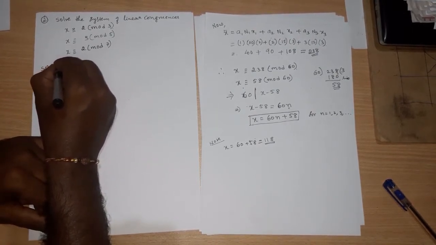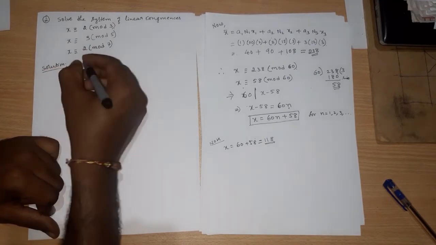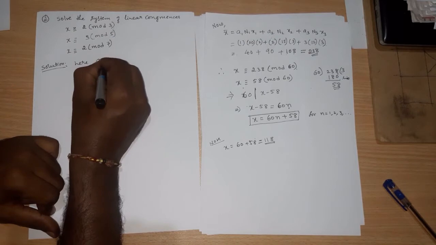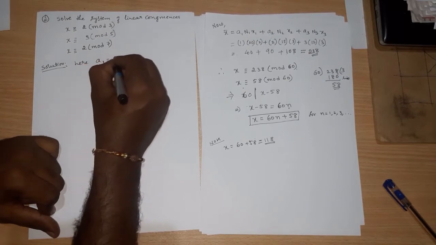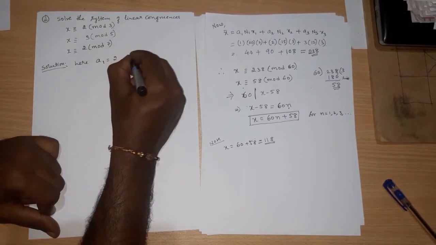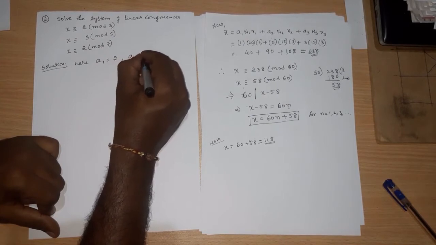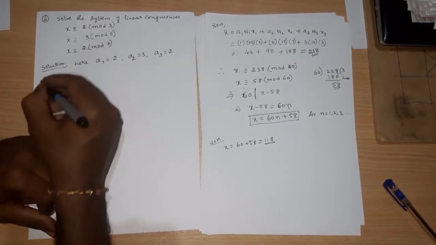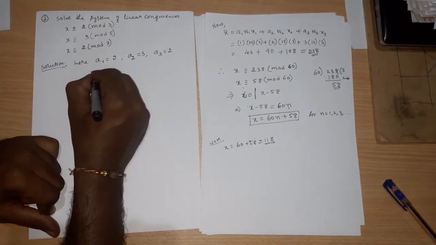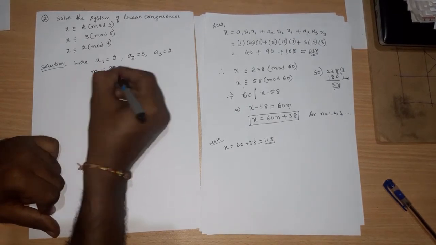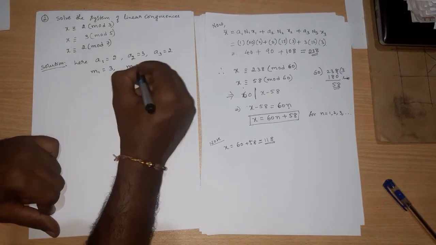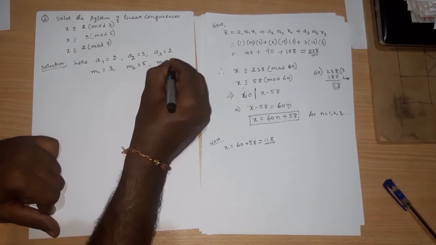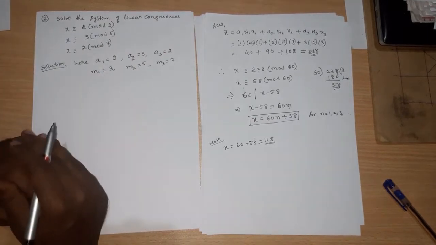Solution. So here a1 equals 2, a2 equals 3, a3 equals 2, and here m1 equals 3, m2 equals 5, m3 equals 7.